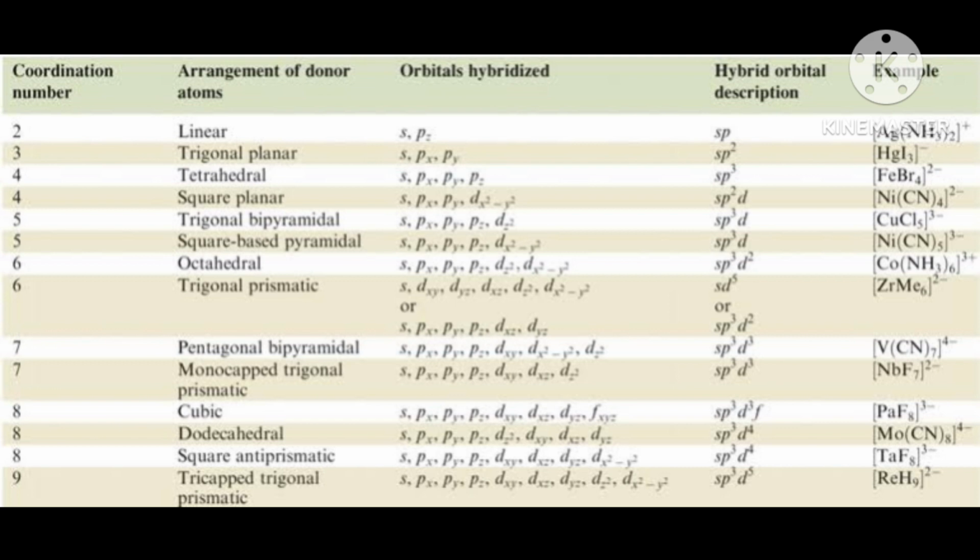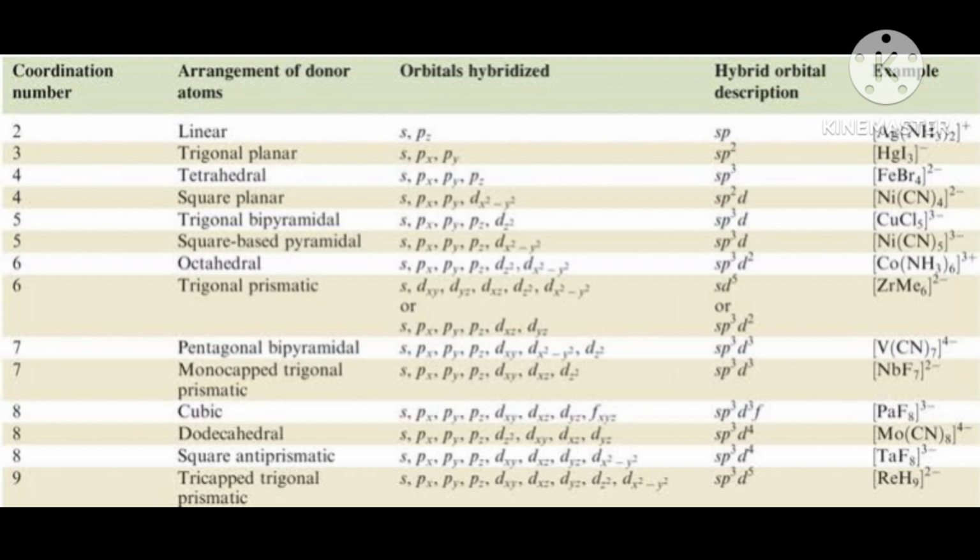Then it should be tetrahedral. Why tetrahedral and not square planar? Because 5 unpaired electrons are there in d orbitals, so it will be magnetic also.